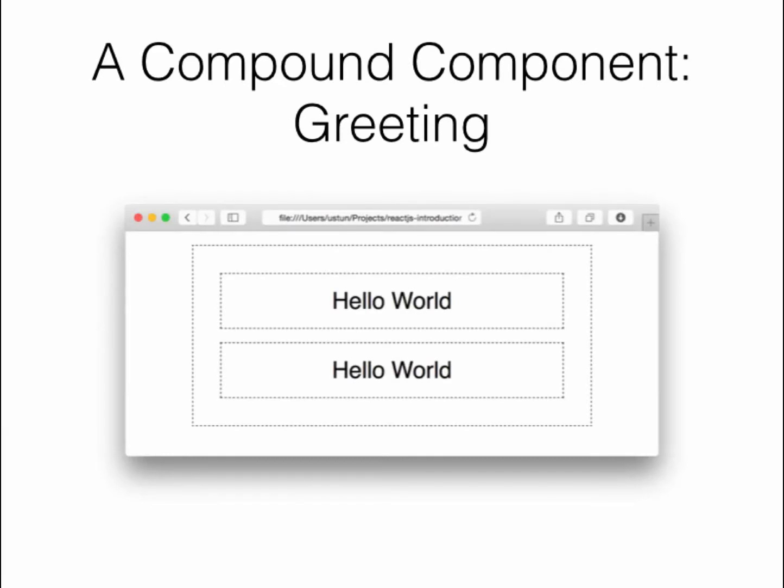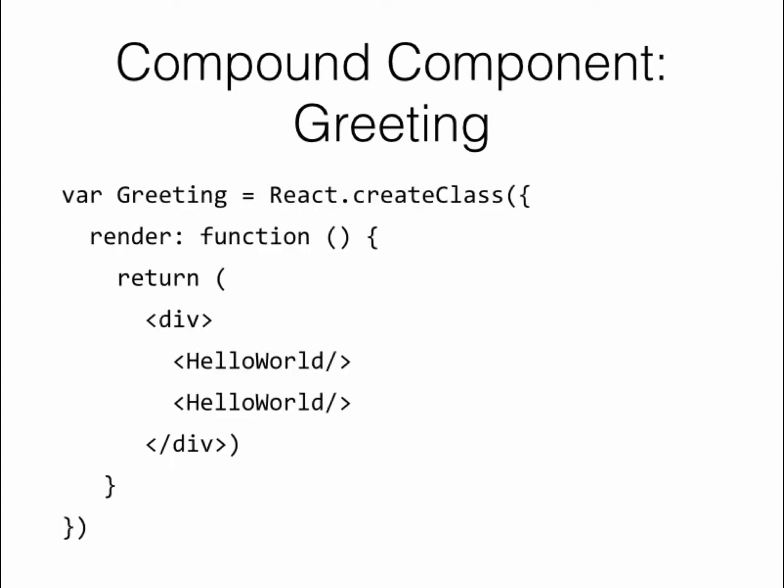Now let's go one step further. Let's create a compound component. A compound component simply uses other simple components as if they were native HTML elements like div, span, or image. So here I have a greeting component that uses two hello world components. Just a greeting component that says hello world twice.